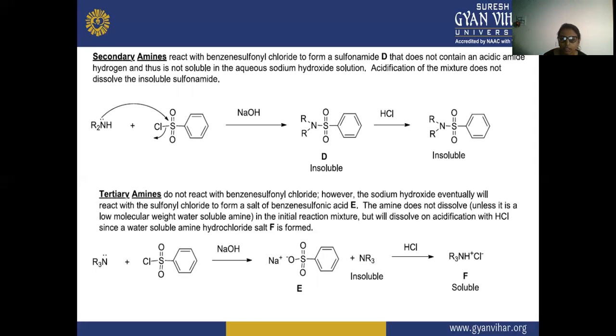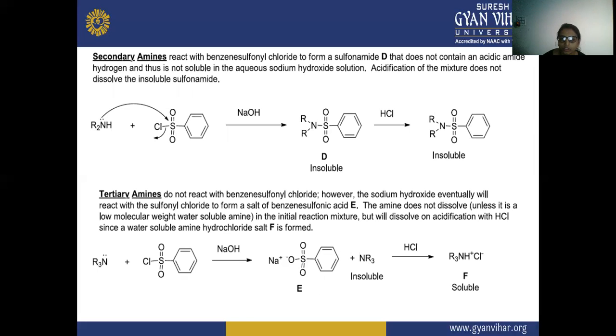This is not containing any acidic hydrogen which can react with this NaOH. So that is why it is forming an insoluble precipitate here. After that, we are doing acidification of the insoluble precipitate, and that does not dissolve the insoluble sulfonamide.